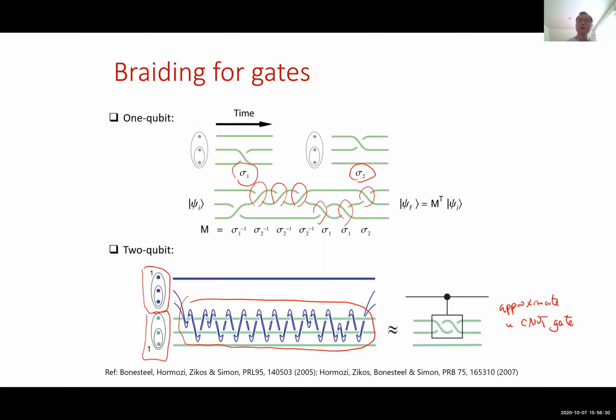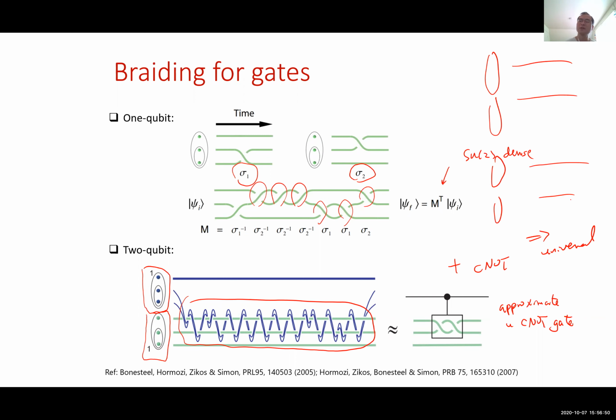Okay, so combining this, SU(2) dense plus CNOT, then it's universal. Okay, universal in a sense, you need to have many groups of them. Right? You need to have your quantum circuit, right? Like this. You need to have as many as possible.